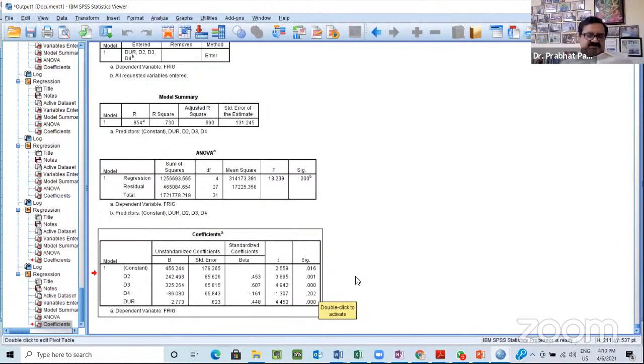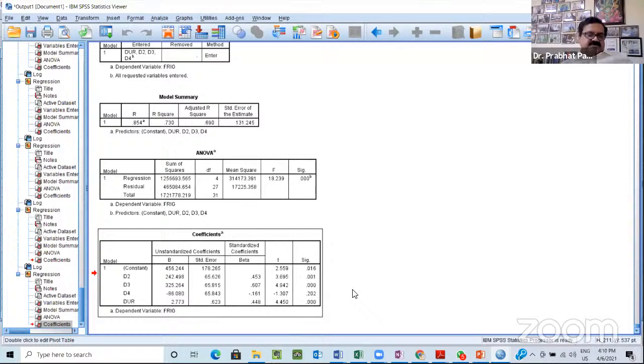So the sale is affected by the total expenditure on durables, and of course that has to be significant. Quarter 2 and quarter 3 are significantly different, and quarter 4 does not differ from quarter 1.